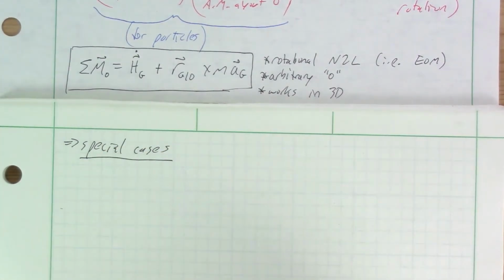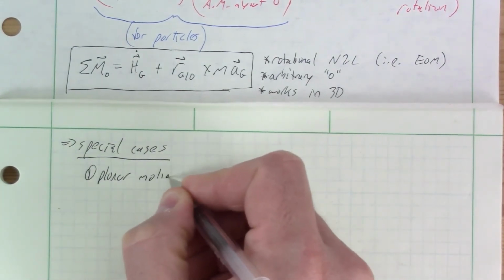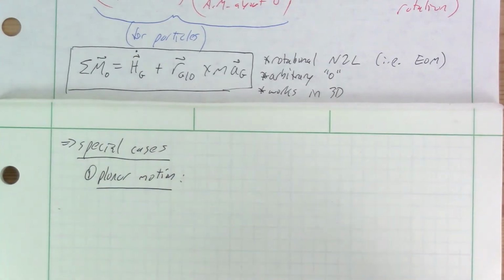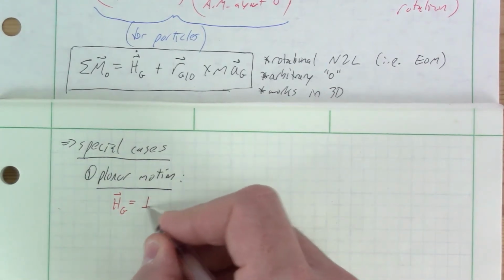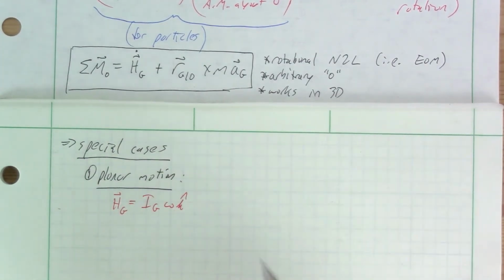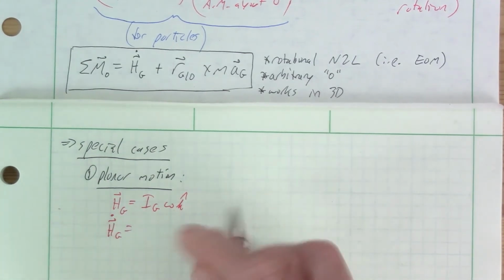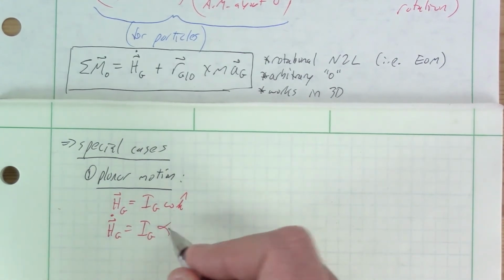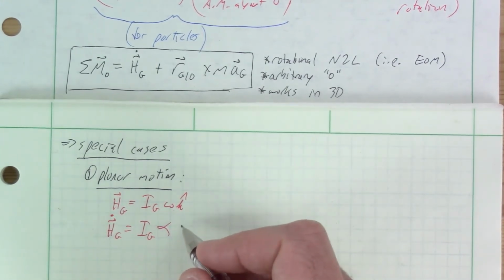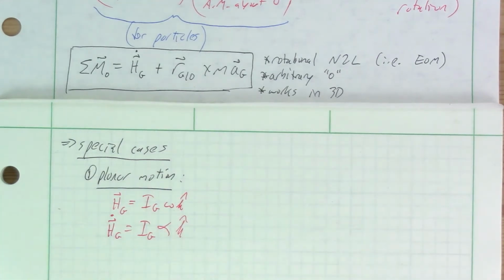Okay, the first one is, if we just make the assumption that we are in planar motion, what we have here is that hg is ig omega k hat, which we saw before. So hg dot, what can change here? Well, the omega. The object doesn't change its shape, so the moment of inertia doesn't change, but the angular velocity becomes an angular acceleration with the time derivative. The unit vector doesn't change.